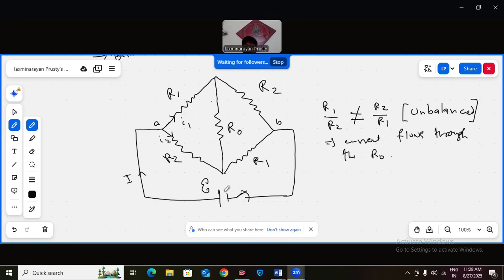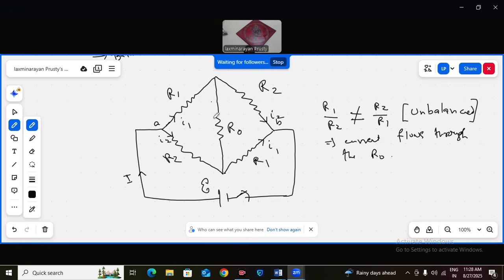So if I reverse all the cells, in this case only one cell is there, then the current in existing cells will be reversed. Before getting reversed, I1 must be flowing here, so that if I reverse the cell, it will flow in this direction, and I2 must be flowing like this, so that if I reverse the cell, I2 will flow like this and I1 like this, as expected from this diagram.